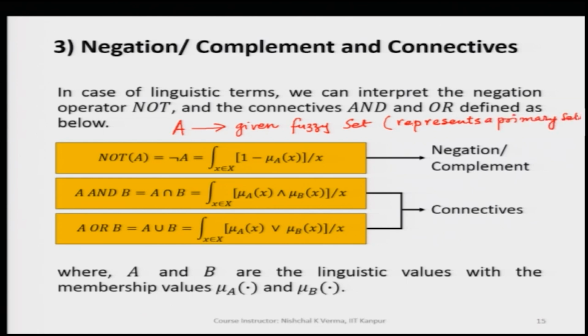So, if we are interested in finding not of A, that means, as I mentioned, if A is middle aged, and we are interested in not middle aged, then we simply take the not of it. Not is represented by this sign here, and not of A can be symbolically written like this.